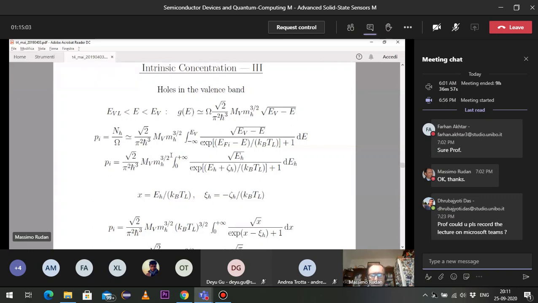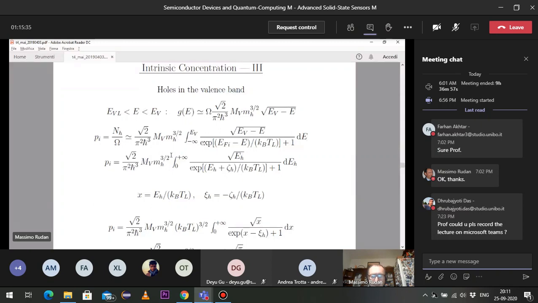Here, M of V is the total number of maxima of the valence band. It is equal to 2 because there are 2 branches of the valence band. And MH is the effective average mass of the valence band. EV minus E is the kinetic energy of the hole.